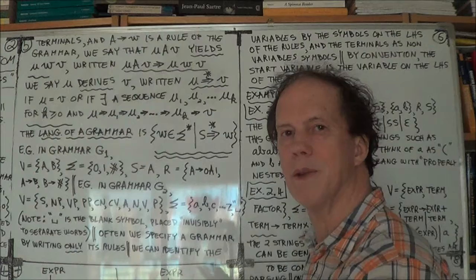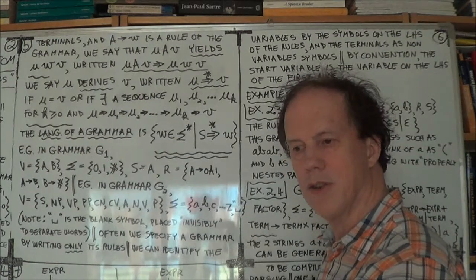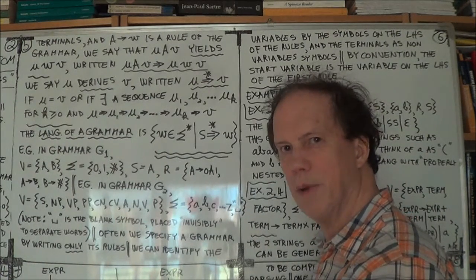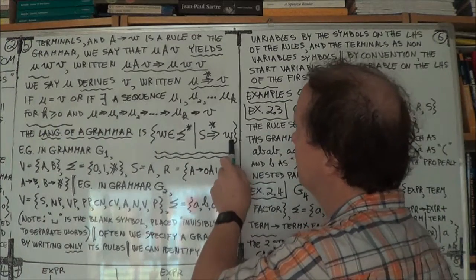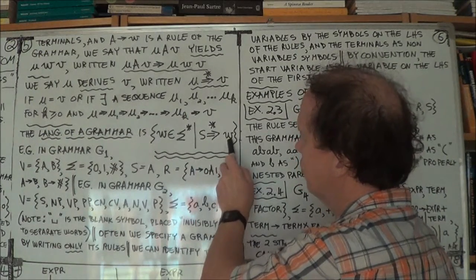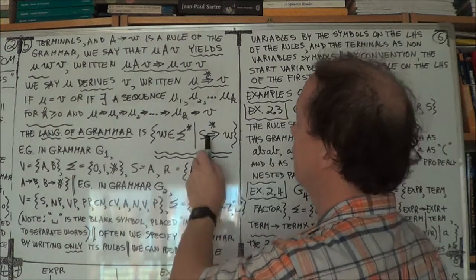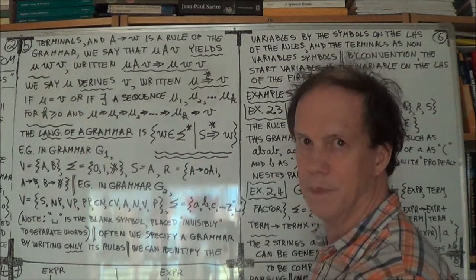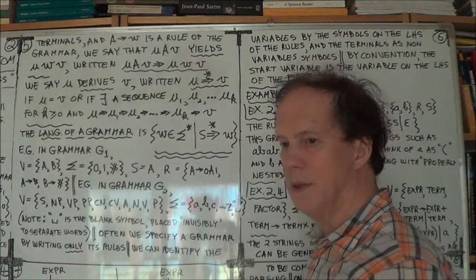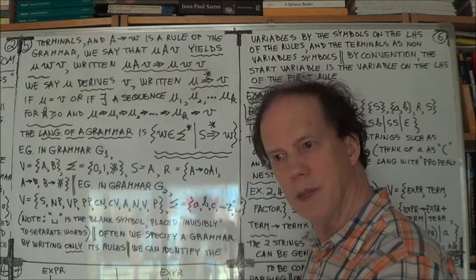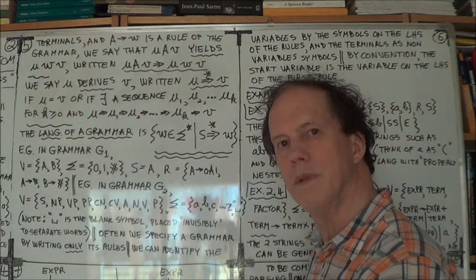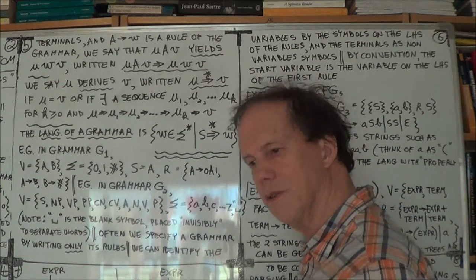Or another way of saying the same idea is it's a set of strings that are generated from your grammar. This is a bit more specific. This is saying this is a string that's generated from, or is derived from, the start symbol. And that start symbol is one of the four terms in your four-tuple, which is the formal definition of your grammar.